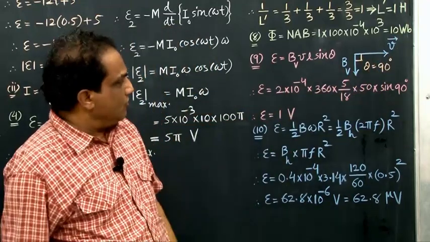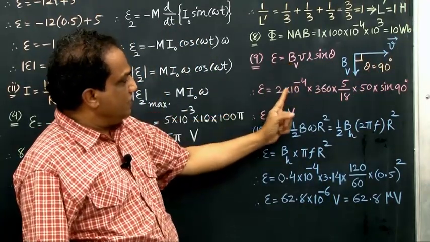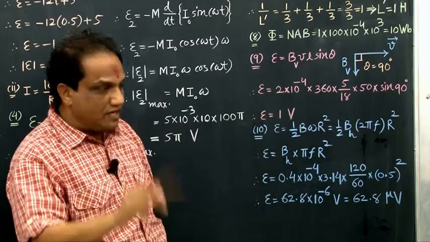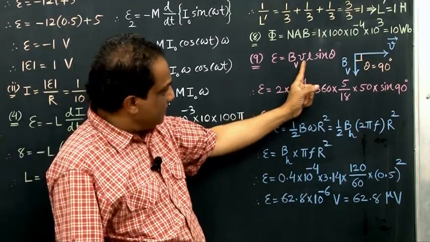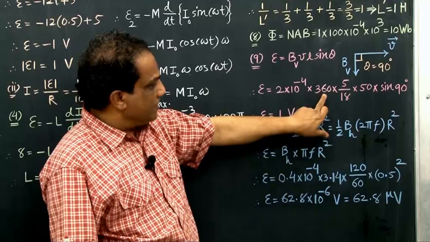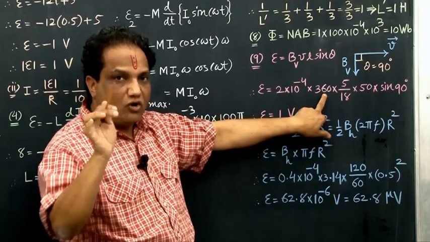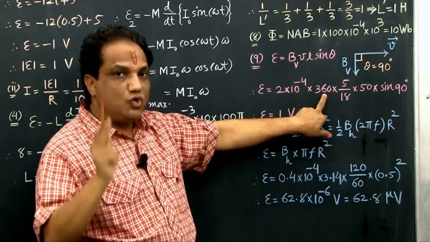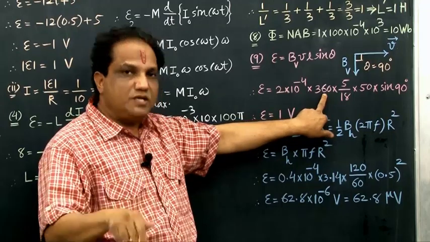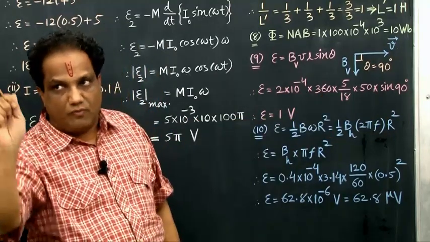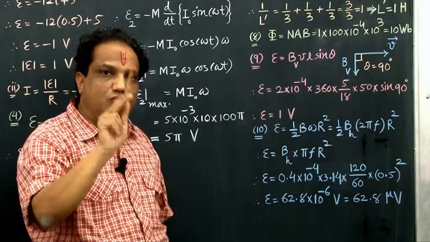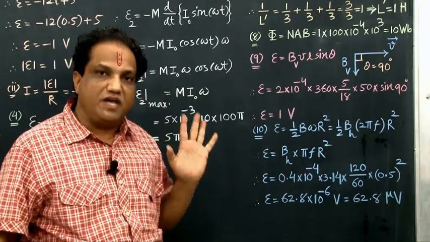Come on, dictate me all the values. What is the vertical component? 2 into 10 raised to minus 4 Tesla. V is the velocity, it is 360 what? Kilometer per hour. No, it will not do. You must convert into meter per second. You know how to convert it. From kilometer per hour to meter per second, you must multiply by 5 and divide by 18.